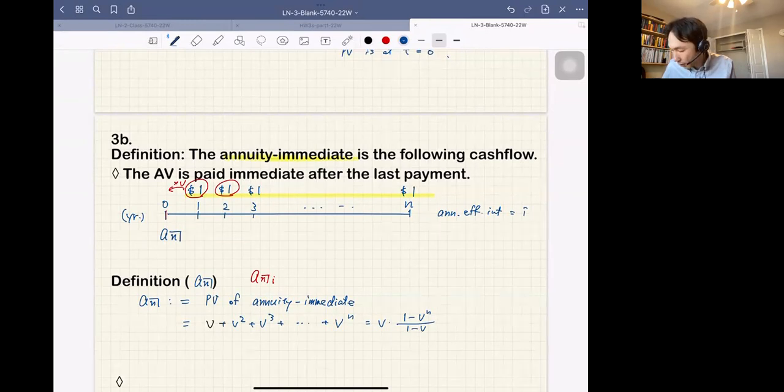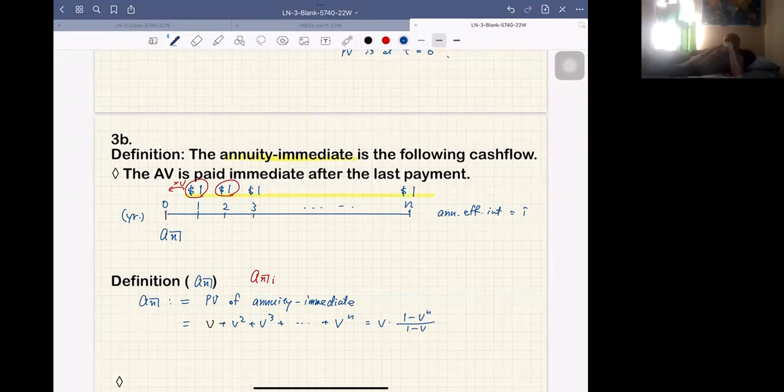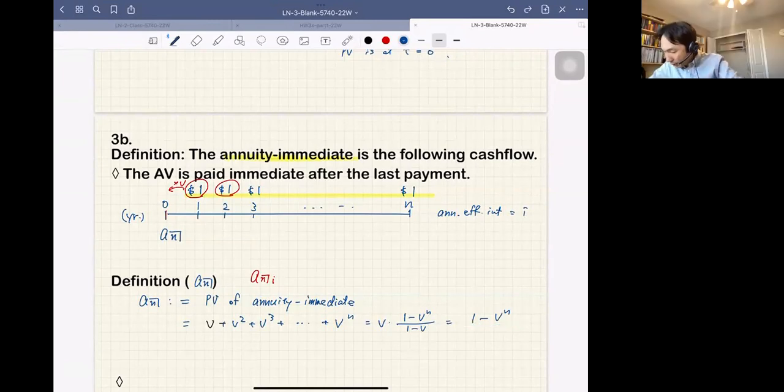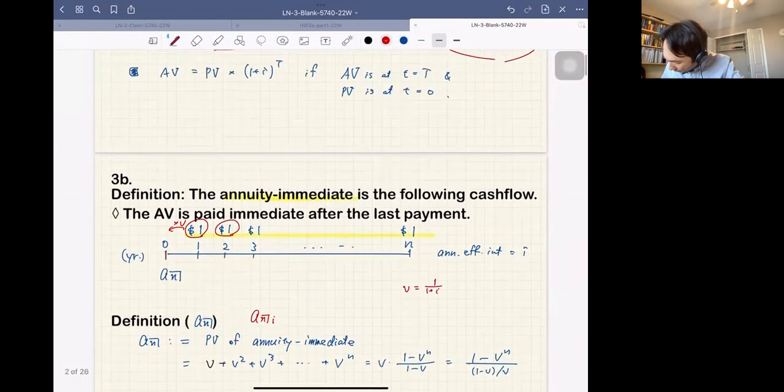Yeah, so we can even simplify this into this, the (1 minus v) over v. And remember that v is equal to 1 over 1 plus i.